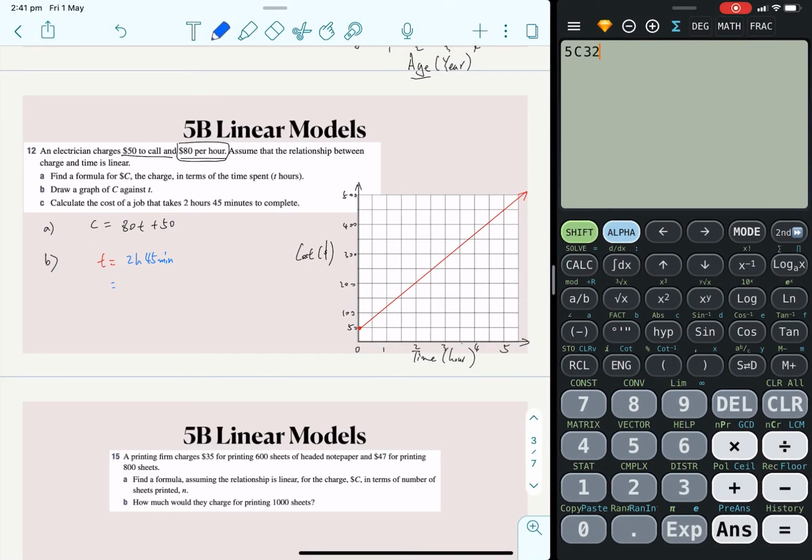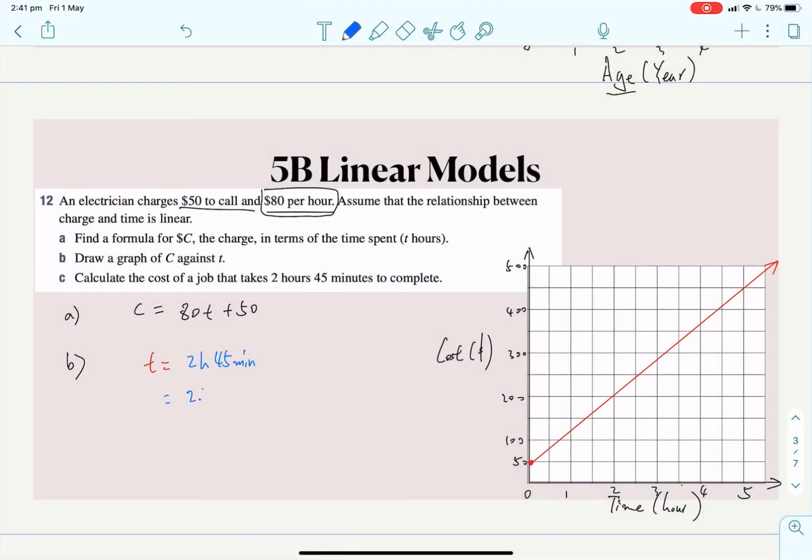So with the calculator, you put in 2 hours and 45 minutes, and if you hit enter, you can convert that to 2.75. Okay, it is 2.75 hours.